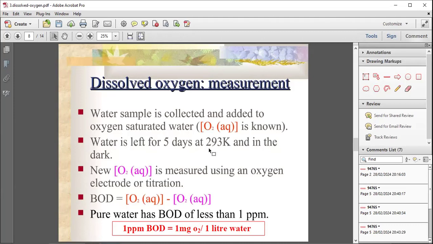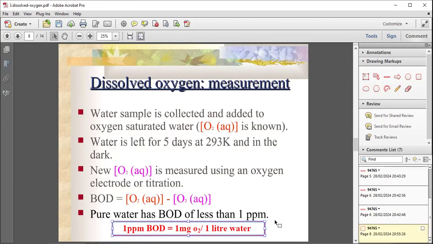This is a 200 hours per subject. You will have to remember this, 1 ppm BOD.